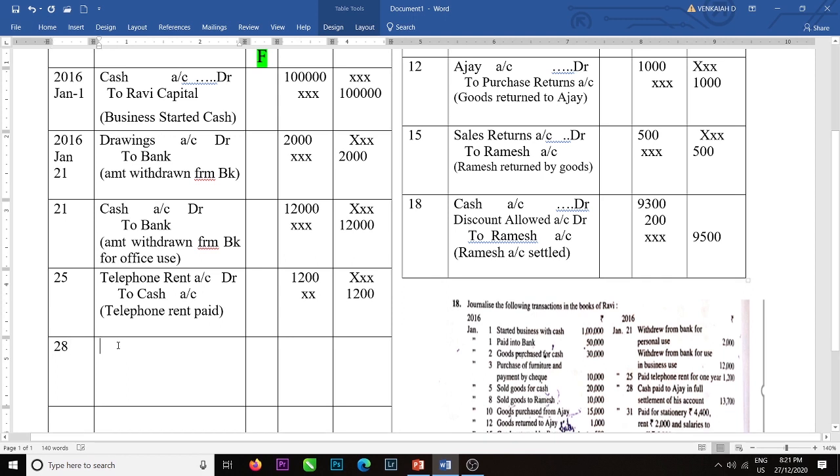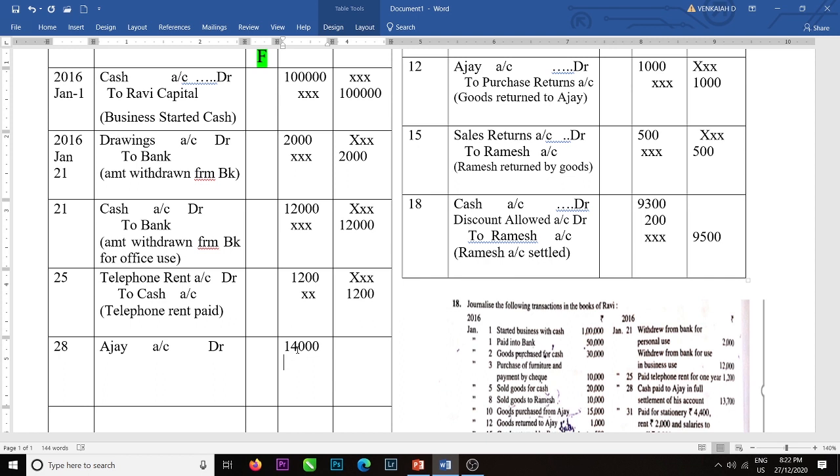On the 28th, we paid Ajay. Ajay is a receiver. Ajay account debit. How much is the Ajay amount? 14,000. We bought goods from Ajay 15,000. We returned goods; purchase returns are 1,000. The amount due to him is 14,000.